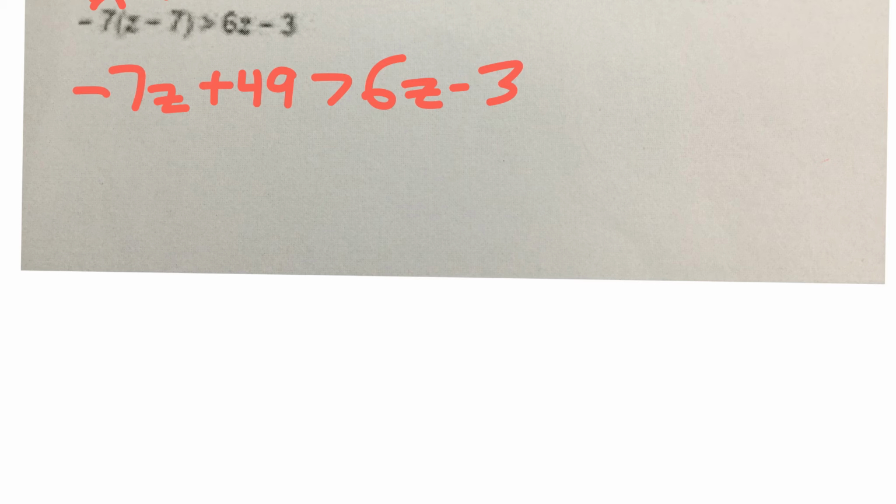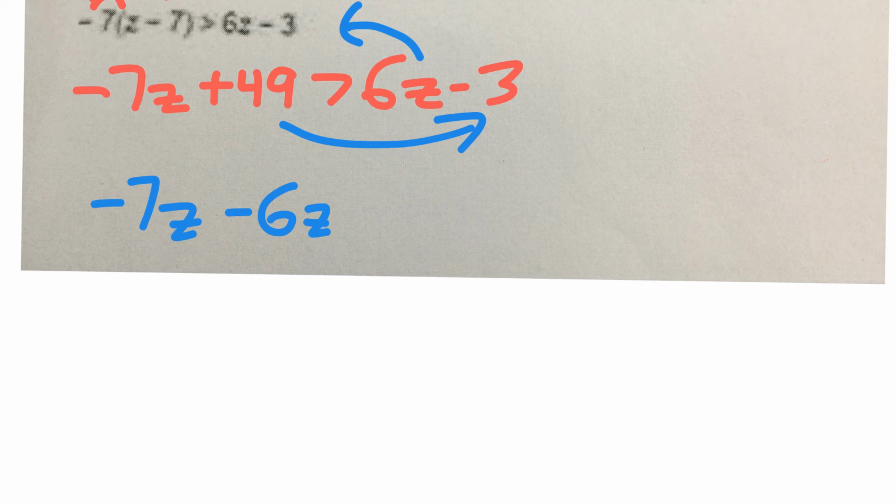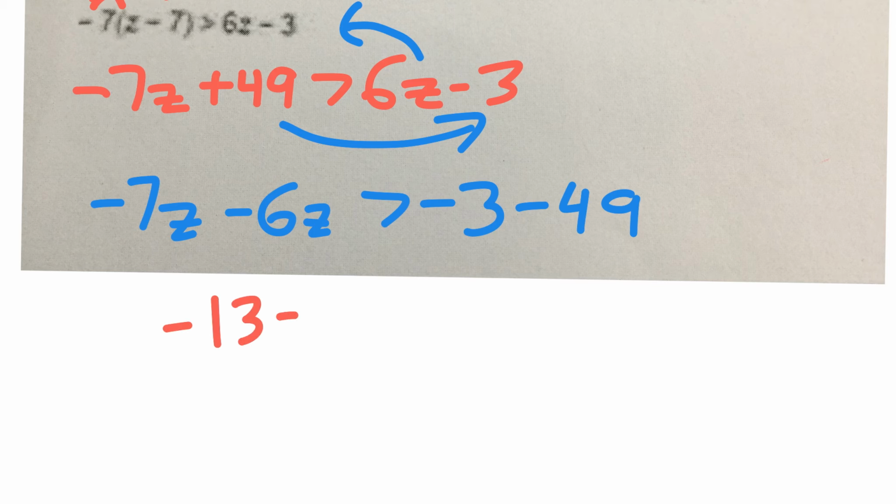Now get our variables on the same side. So I'm going to move 6z to the left. I'm going to move 49 to the right. So that becomes -7z minus 6z is greater than -3 minus 49. Combine like terms, that's -13z is greater than -52.